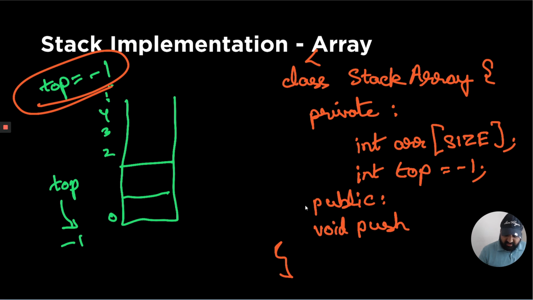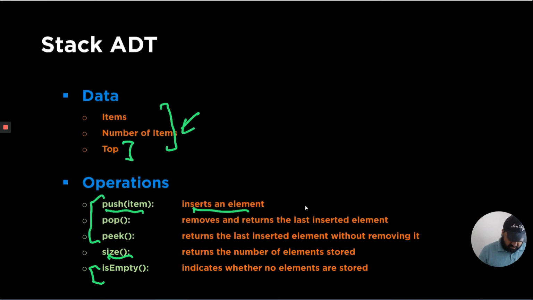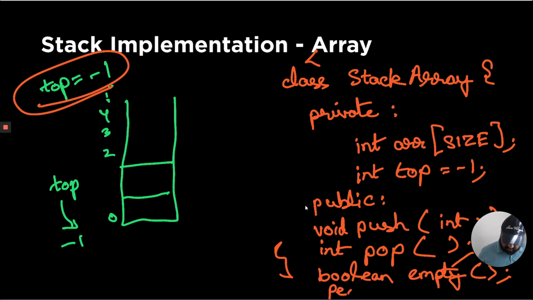It won't return anything, but it will take in some item, int x. There could be a pop operation, which is going to return some value. There's going to be a boolean empty, which is going to check whether our stack is empty. And the last one was this peek operation, which is just going to return the topmost element.